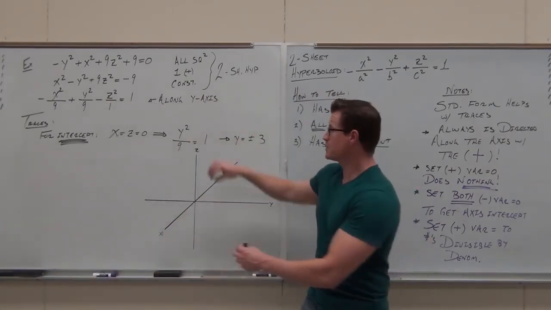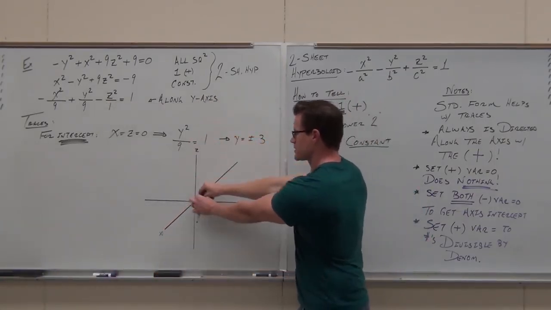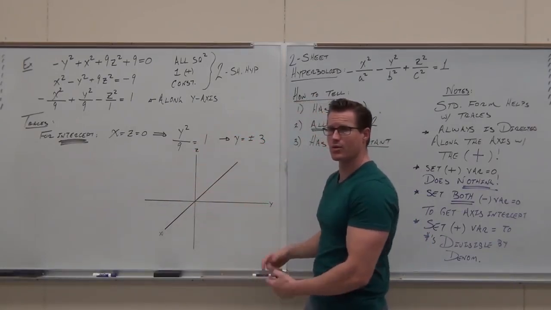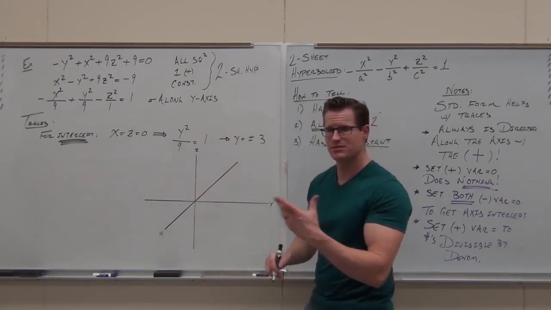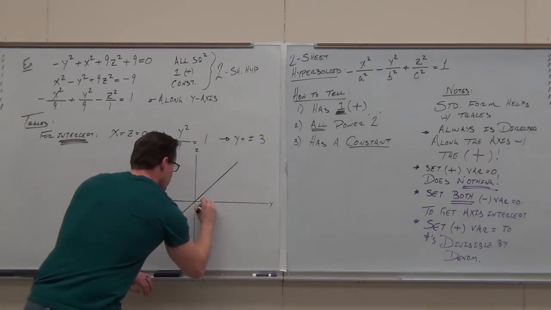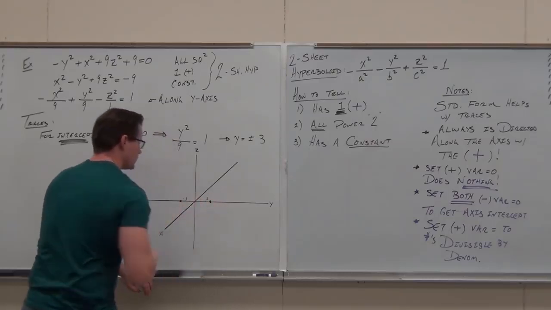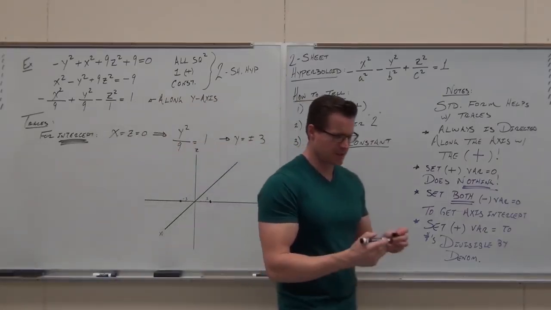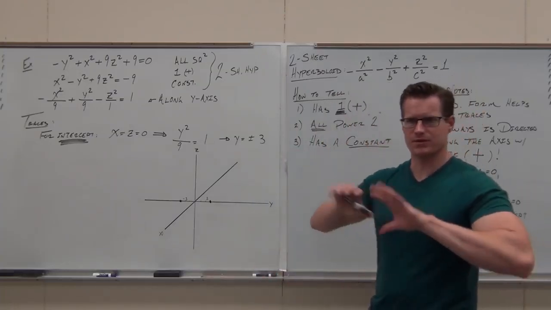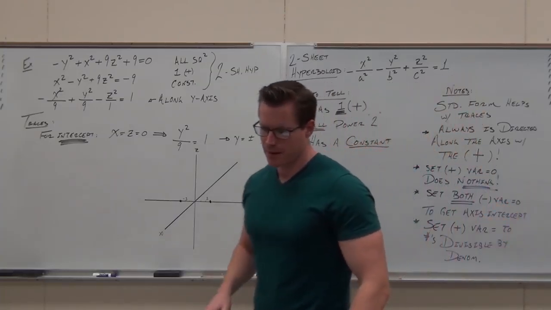I know that because I'm limiting my z to 0 and my x to 0, I have to be on the y. Where am I on the y? Where am I crossing? Here, at positive negative 3. Sorry I'm writing small, but this graph's going to get a lot bigger here real quick.